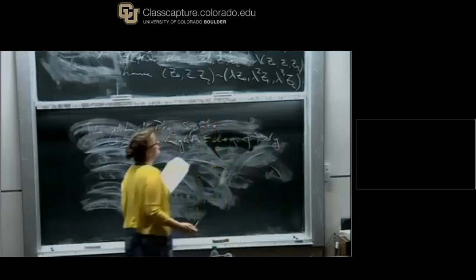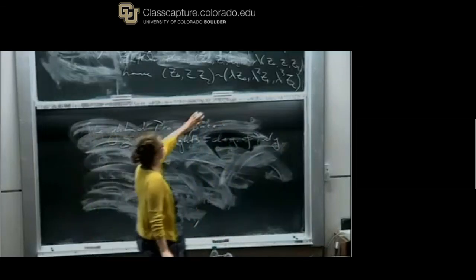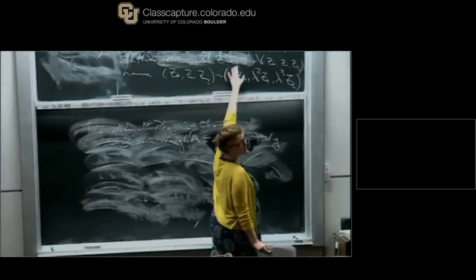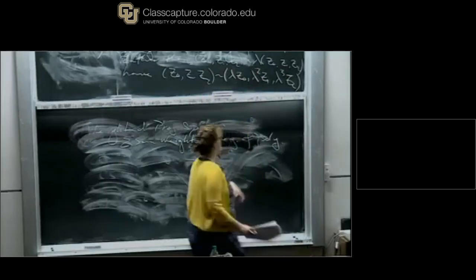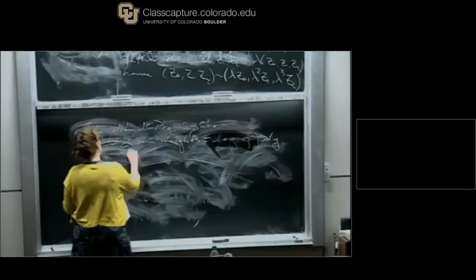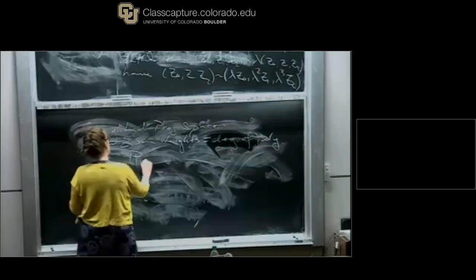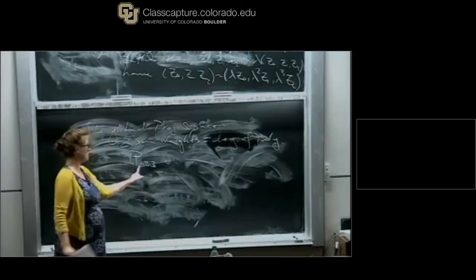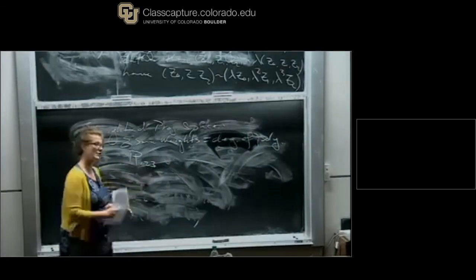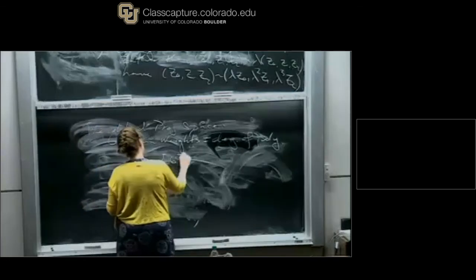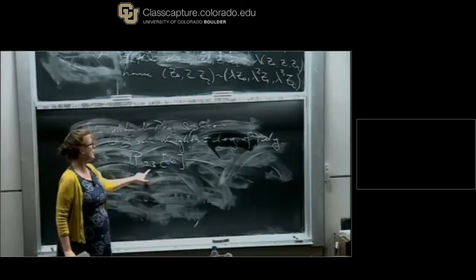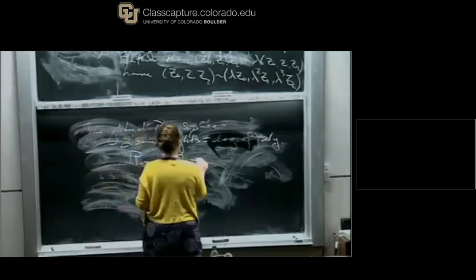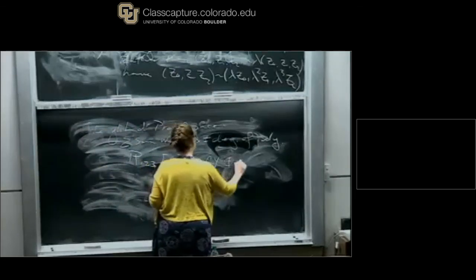So for example, this would be CP2, because I have 3 coordinates identifying up to a scale. That gives me a twofold. Here this is weighted CP2. So for example, this is written as P1,2,3, where I'm telling you the weights of each coordinate as the subscript. And if I write down a polynomial of degree 6, which is homogeneous with all the right terms in x, y, and z, this guy is a Calabi-Yau one-fold.